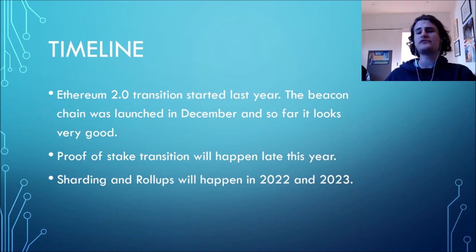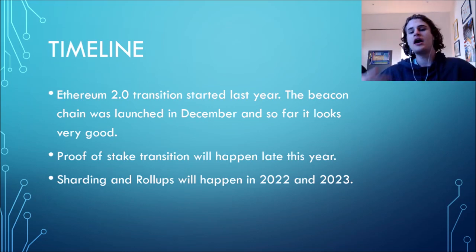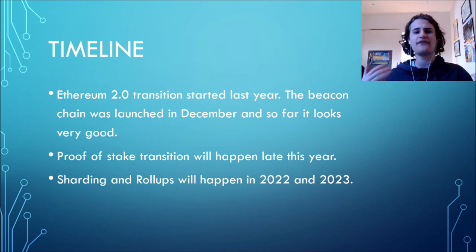We are going to briefly run through the timeline of Ethereum 2.0, see when it's going to fully come out, and then we'll explain proof of stake, sharding, and rollups. So, Ethereum 2.0 actually began last year. The beacon chain was launched in December 2020. I'm not going to go into the specifics of what the beacon chain actually is, as it is a little bit technical. However, the beacon chain just shows everything is underway for Ethereum 2.0, and it shows a transition to proof of stake, which should be finalized by the end of this year.